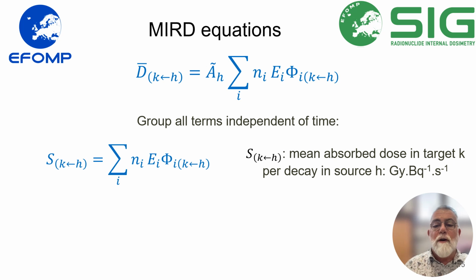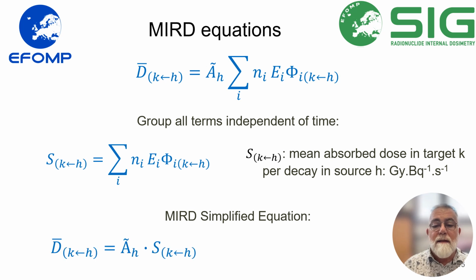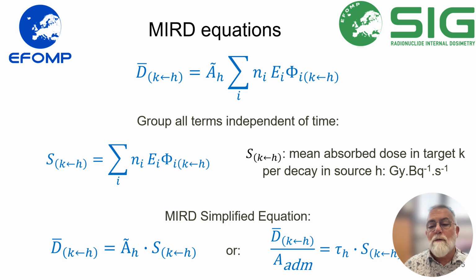If you group all the terms independent of time, you can introduce the so-called S factor or S value, which is the mean absorbed dose in target K per decay in the source H. And that is expressed in gray per becquerel per second. And so we get the simplified equation, D equals A tilde times S, or for a given product, the average absorbed dose divided by the administered activity, which is a product of the residence time by the S value.